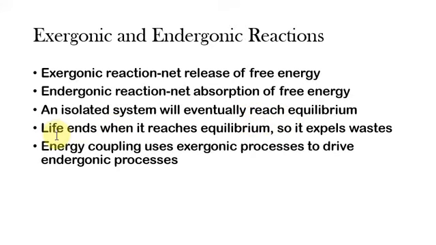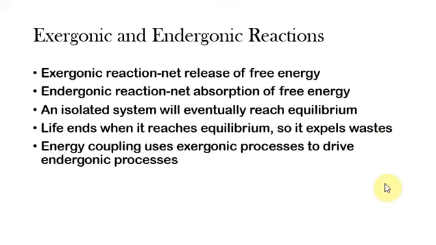Now, when a living system, like a cell or your body, reaches equilibrium, your life is over. There is no longer any energy to drive the processes that are necessary to life. In order to prevent this from happening, your cell is constantly expelling waste, whether it's ammonia, water vapor, carbon dioxide.